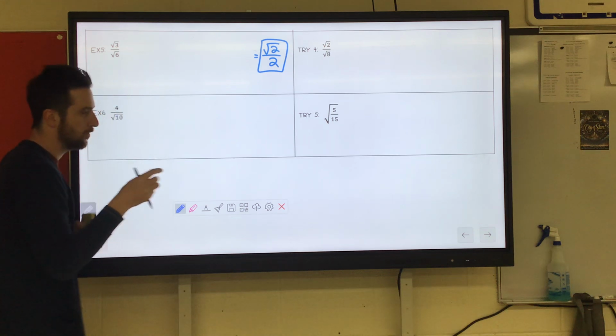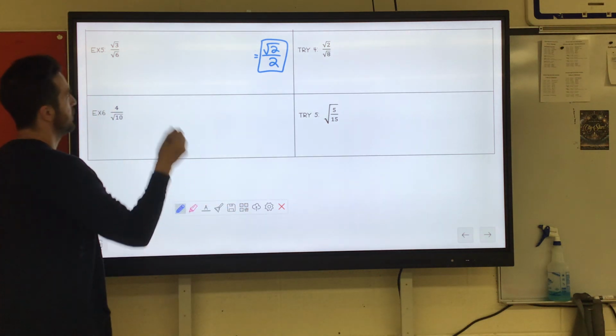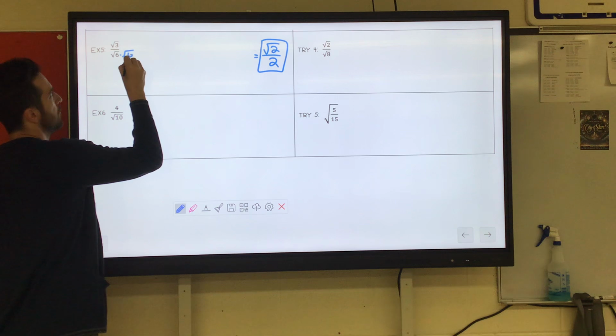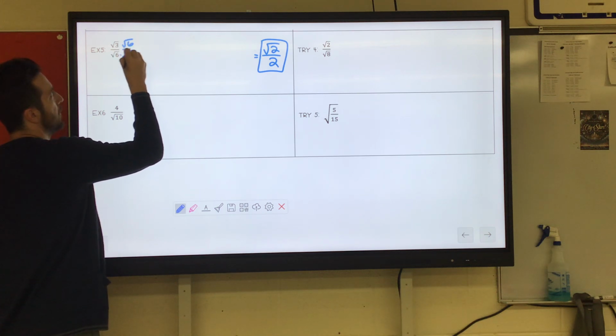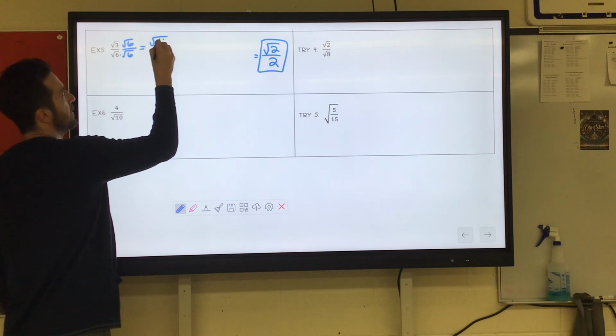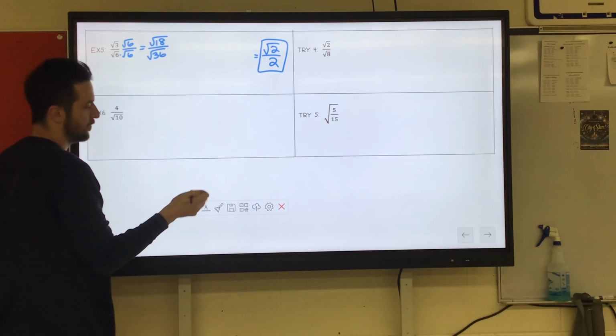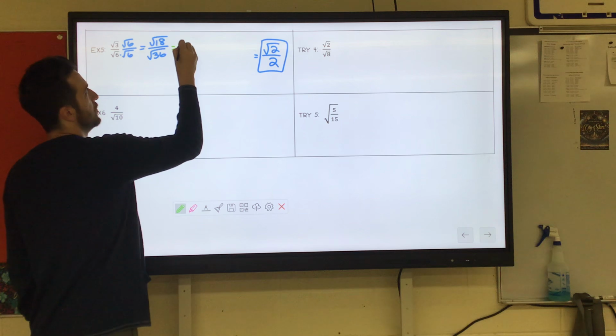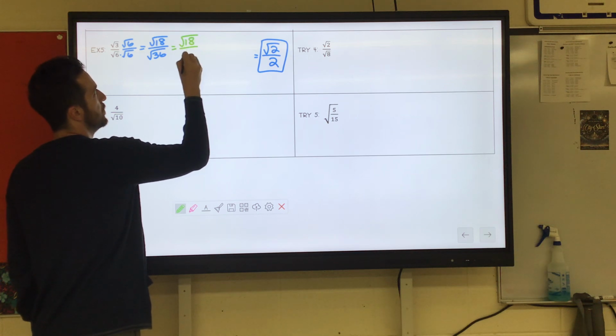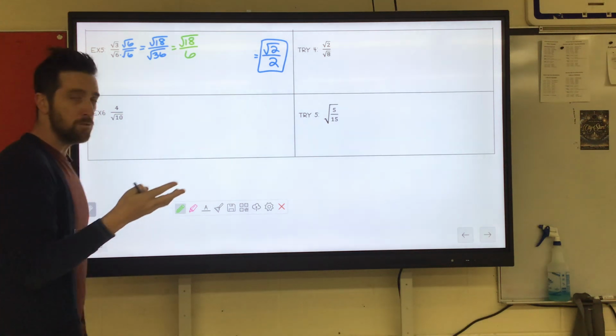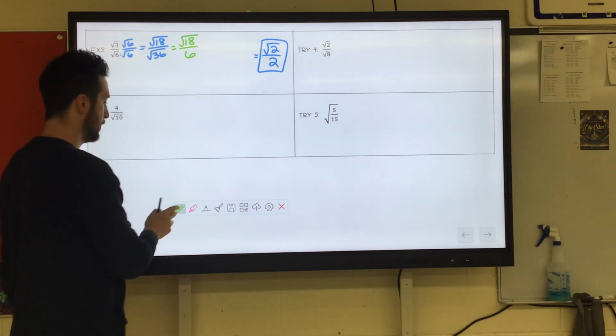So let's say you can only remember, hey, multiply it by itself. Root 6 over root 6. This would give us root 18 over root 36. And you're like, cool, the square root of 36 is 6. So root 18 over regular 6. And that's cool, but there's still a perfect square left in 18.